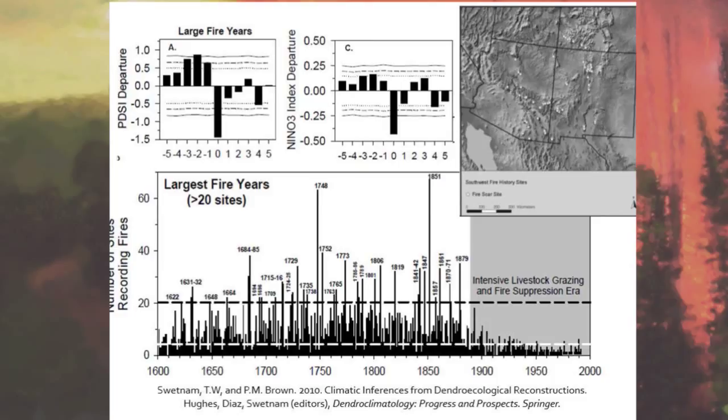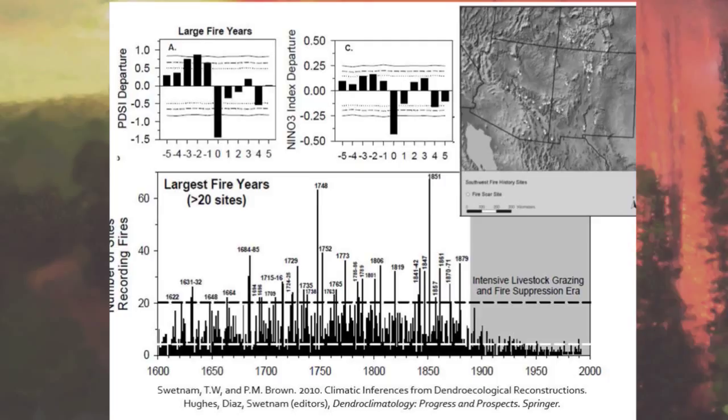So what we can do then is compare our fire chronologies to, in this example, the PDSI reconstruction, Palmer Drought Severity Index. We take the average PDSI from all of these fire dates right here, at least 20 sites that recorded fire around the Southwest, and that's the 0 year right there.